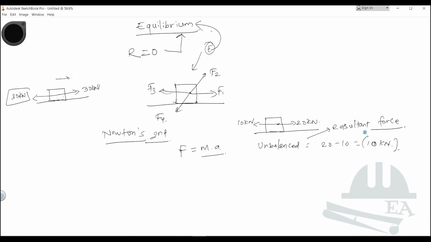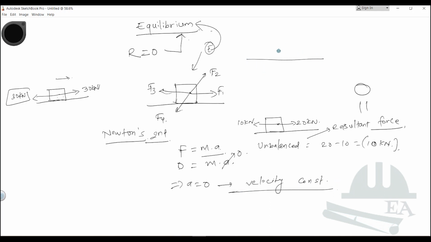So we say that in equilibrium this resultant force is equal to 0. As I've already told you, for the body to be in equilibrium, it is the resultant force that is 0, not the individual forces. So 0 is equal to m times a. If a body exists in this universe, it cannot have mass equal to 0, so a must be equal to 0 for this equation to be true. If a is equal to 0, it means the velocity is constant.